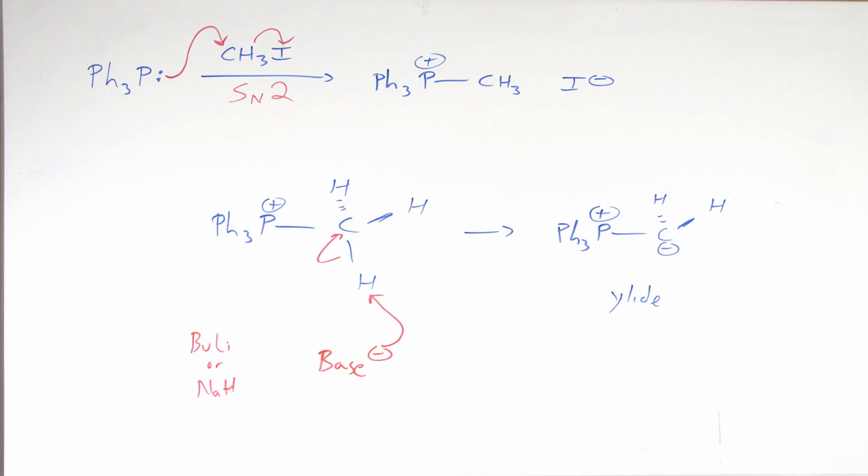I just ripped a hydrogen off of a methyl group. Methane's pKa is 60. How am I going to do that? Butyl lithium ain't going to take a hydrogen off methane. Why is it going to be able to pull off that hydrogen? Why is that hydrogen acidic in the first place?